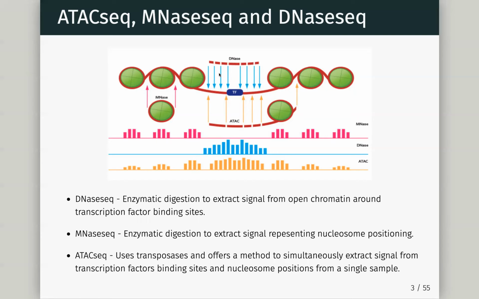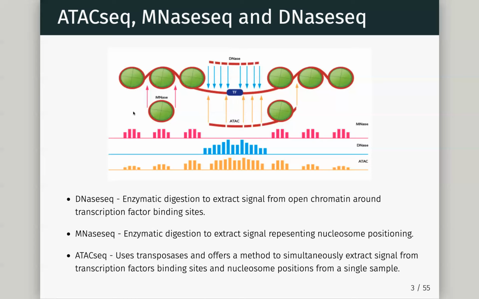We have some open chromatin, and we have a transcription factor sitting in the middle of this. When we did DNase-seq, we would actually extract sequence from around this open region and around this transcription factor. And we could use the size of the fragment, right? This fragment's bigger than these smaller fragments, to give us an idea of where the transcription factor is.